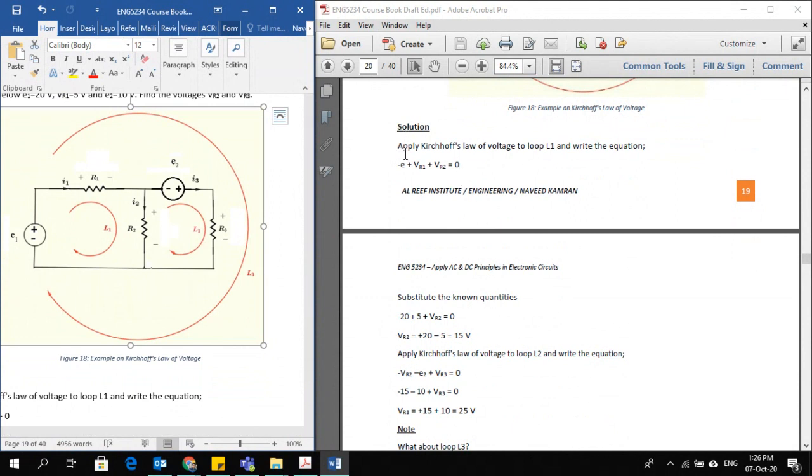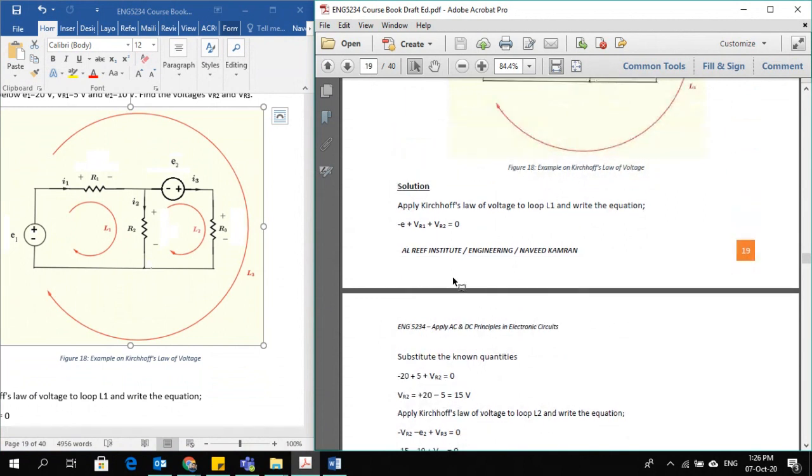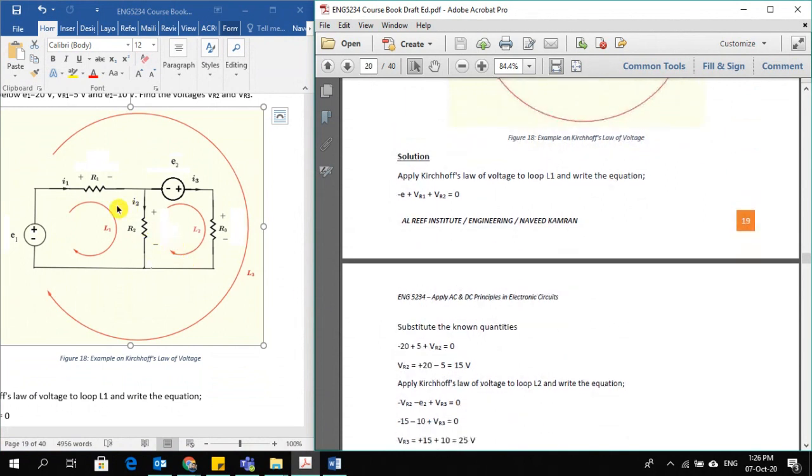First we have to find the voltage on this resistor R2, VR2, and then the voltage on VR3. I can use loop 1 to find VR2. Once I have the voltage on R2, I can use loop 2 to find the voltage on R3. So let's do the first thing first.